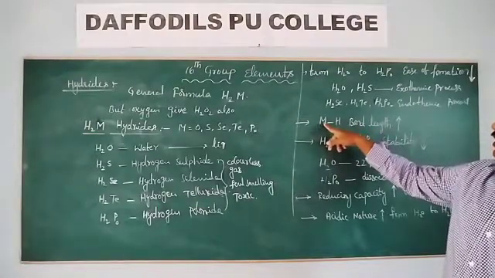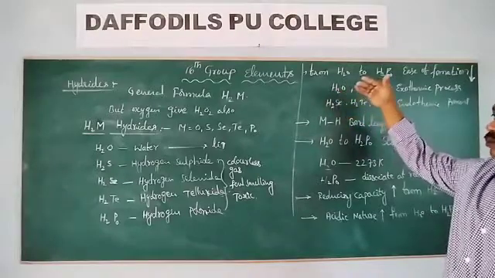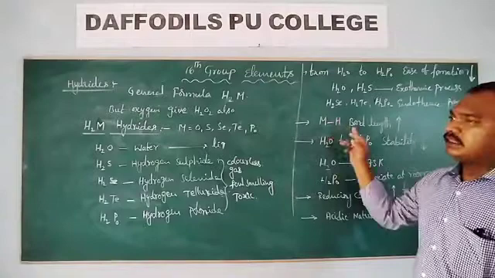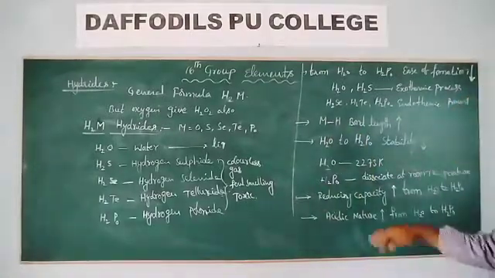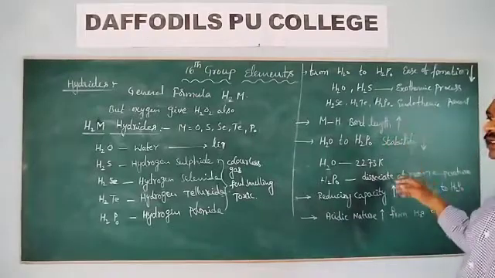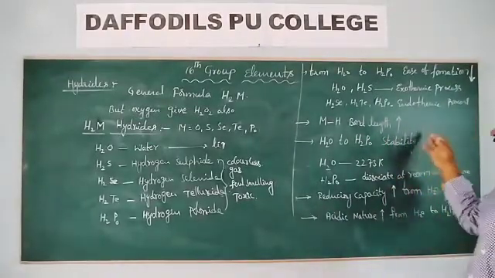This is the central atom. This is hydrogen. As we are moving from top to bottom, bond length between M and H increases. When bond length increases, bond strength decreases. That means thermal stability decreases.